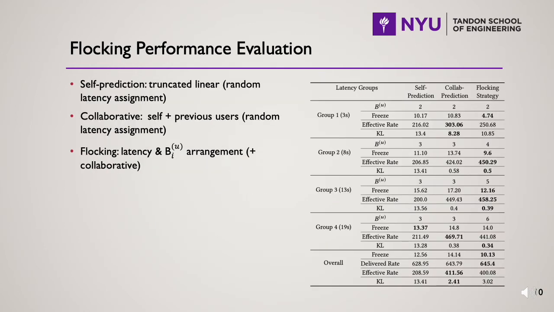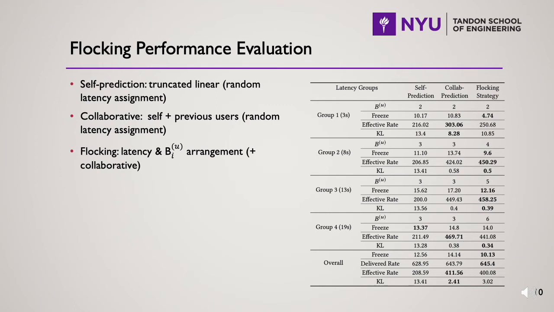Then we evaluate the performance of different solutions. Same as previous, truncated linear is utilized for self-prediction, and collaborative prediction is the combination of self-prediction and the ground truth of previous users. For both self and collaborative prediction, users are given random initial latencies.